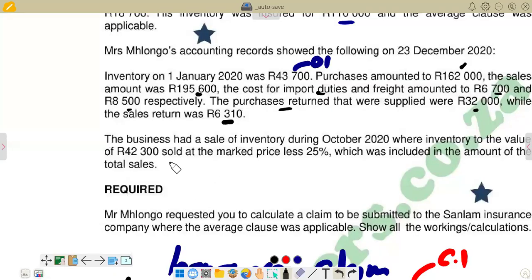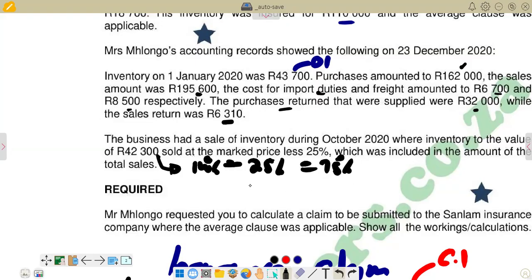So what we are saying is this 42,300 is 25% less. So we want to find the 100%. In other words, this 42,300 is 100% minus 25%, so it is equal to 75%. So the figure that we want is 100%.